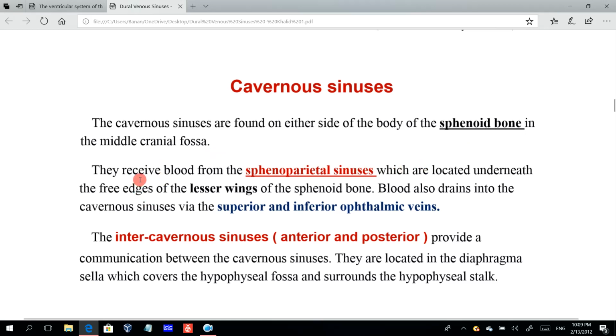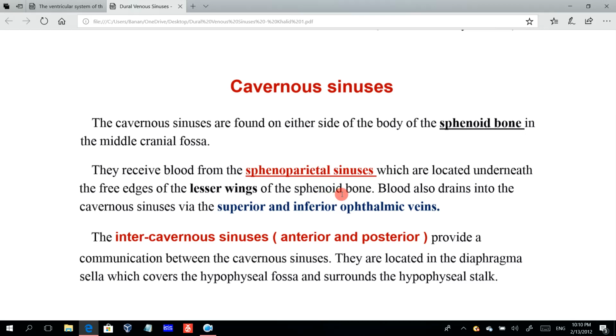This cavernous sinus receives blood from the sphenoparietal sinuses. These sphenoparietal sinuses are located underneath the free edges of the lesser wings of the sphenoid bone. Do you remember the lesser wings of the sphenoid bone?